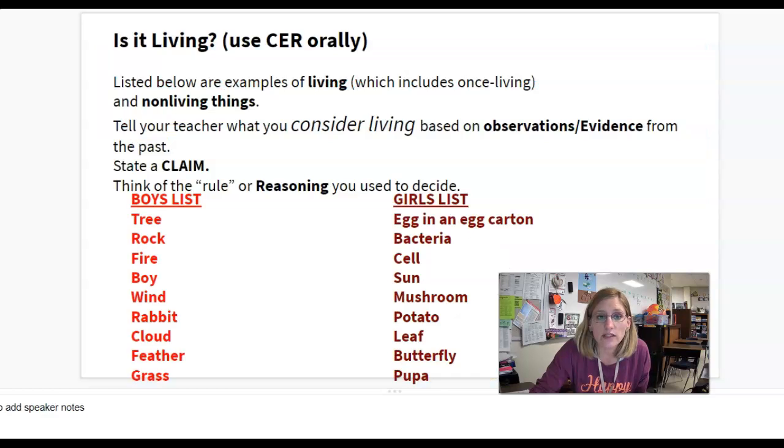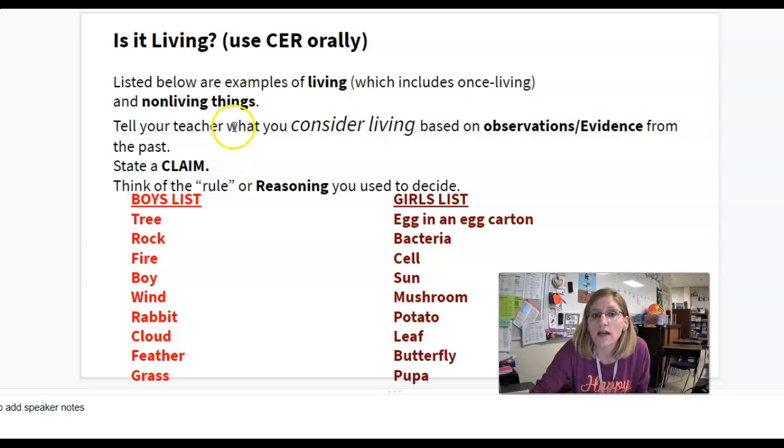Today we're going to talk about understandings. The first thing I want us to talk about is what is living and non-living. So we have living and non-living components. A living thing is anything that was once living. It could be a leaf that fell off of a tree. Something that is non-living does not have a life cycle.